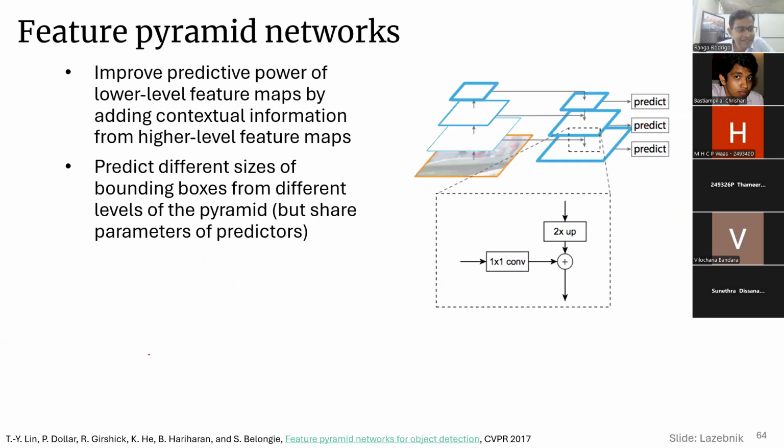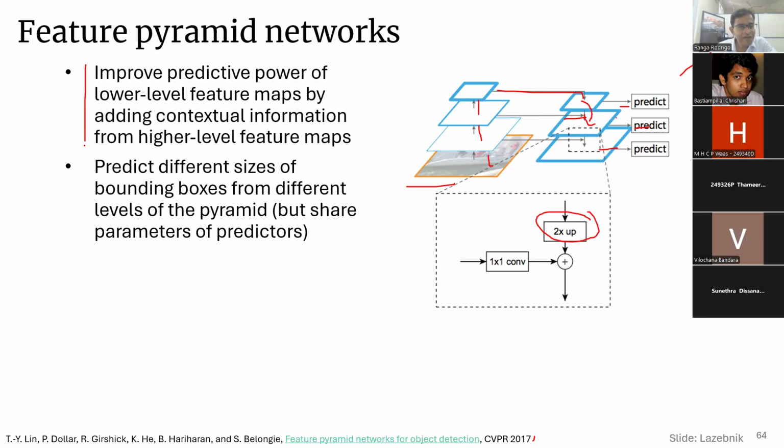Then we had this new concept called feature pyramid networks in 2017. There you can see the feature pyramid network. You have the original image here, and of course when you convolve, the size changes. Then they took this, did the prediction, added another layer, did the prediction, and so on. When you go from this to that, you have to do 2 times upsampling.